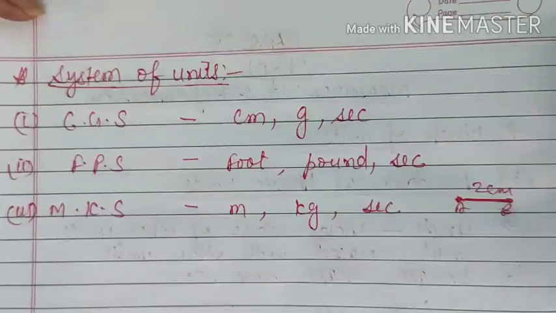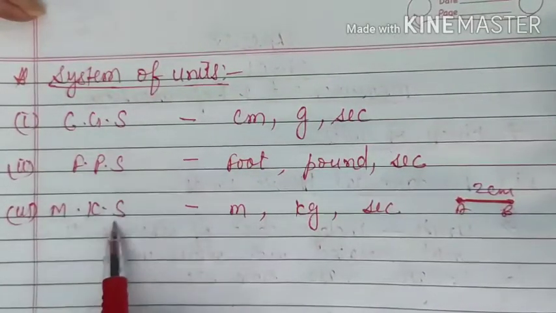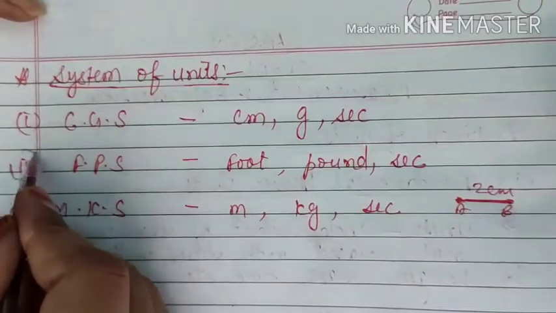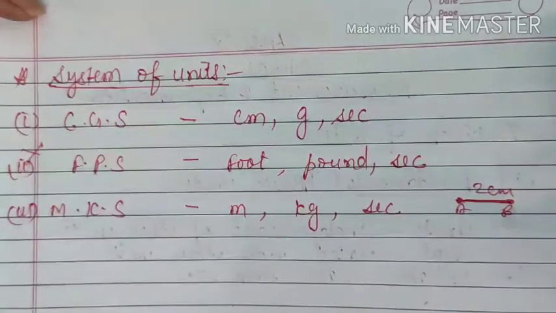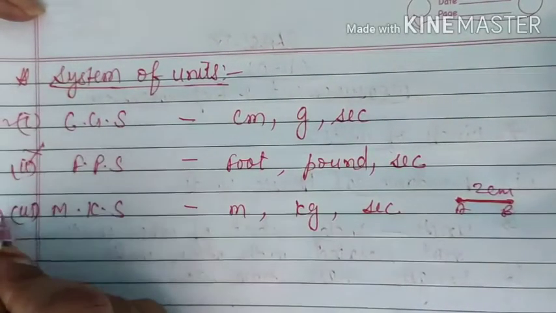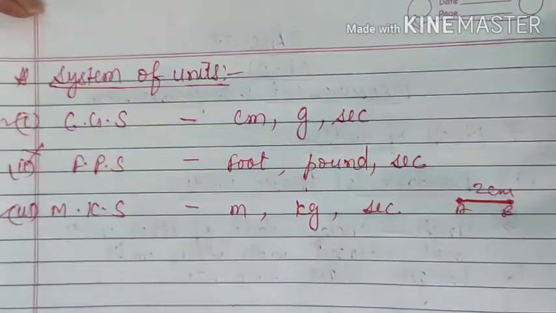So on that basis we are having three system of units. One is CGS, one is FPS, and one is MKS. Nowadays this system is not used at all. Ancient times it was used. Now we are not using this one. For now we are having two important system of units. One is CGS, which is mainly used in chemistry.